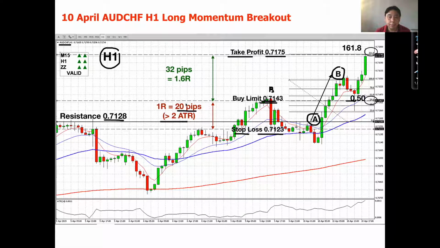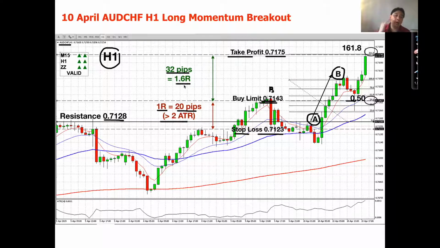So in this case, I'm risking 20 pips. And from my buy price of 7143 to the target price, 7175 minus 7143 is 32 pips. So 32 pips divided by 20 pips is 1.6. So risking 1 R to make 1.6 R, pretty decent trade.